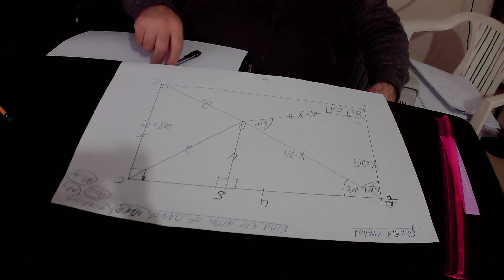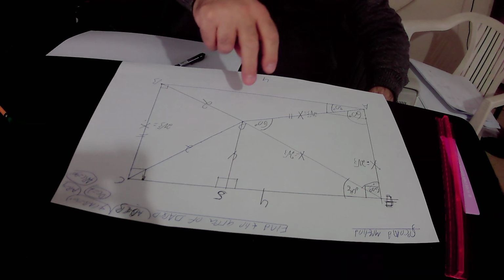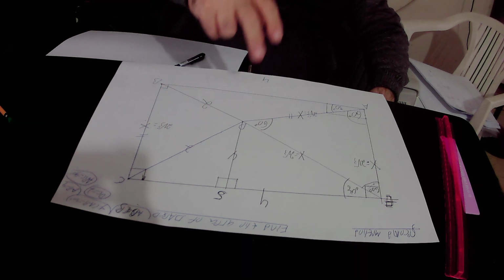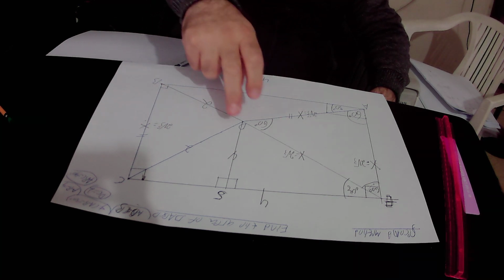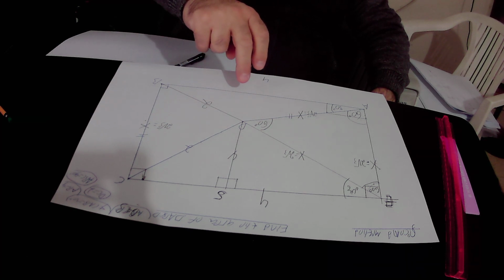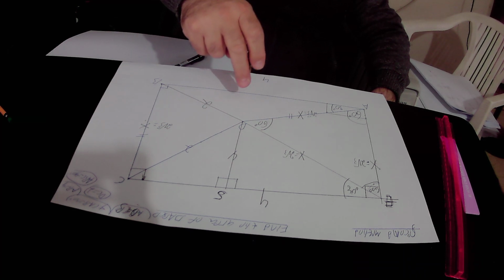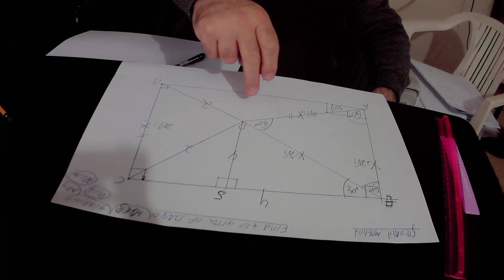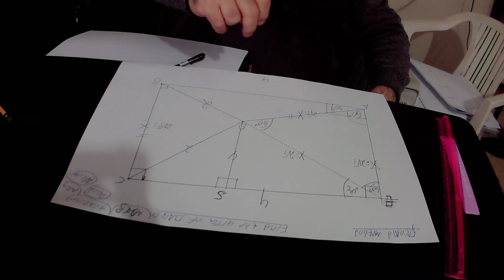I'll repeat again, because triangle ADB can go into triangle CDE, we have already proved it, they have also the same areas. So the area that we want to find, that is the area of triangle ADB, equals 2 times square root of 3 units.